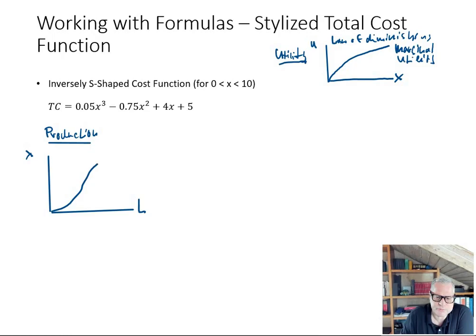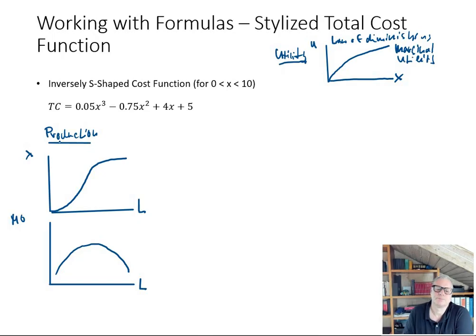Initially output grows faster than input, and then we get something like this. And then we derived the marginal product, the marginal output. And we said, well, that looks like something that's inversely U-shaped.